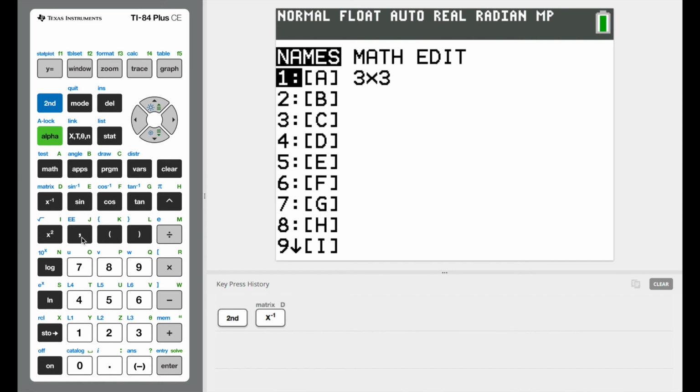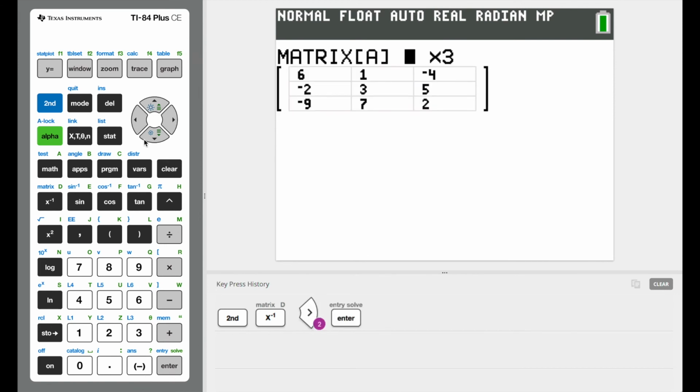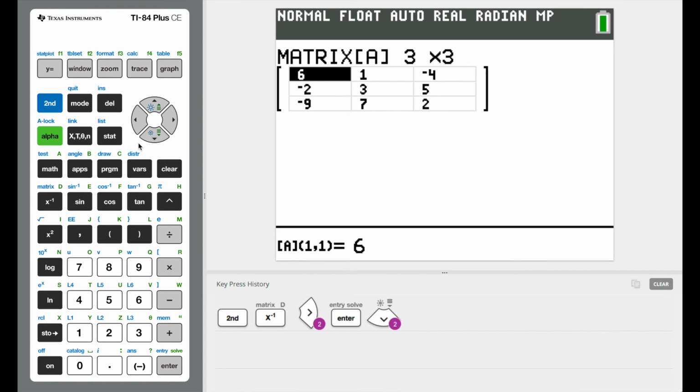I'm just going to override the old matrix that we had in here, because I can see I had a 3 by 3. So I'm going to go to edit and override everything here.